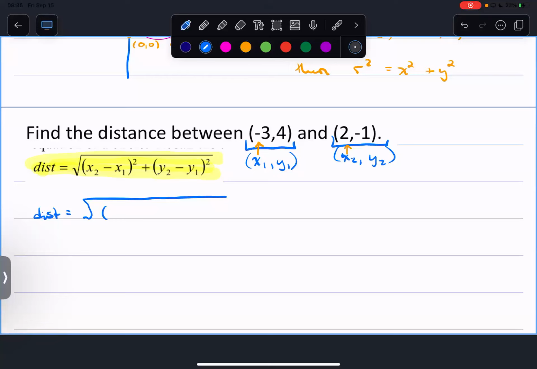And so we've got 2 minus -3 squared plus, y2 is -1 and y1 is 4. -1 minus 4, then square it.